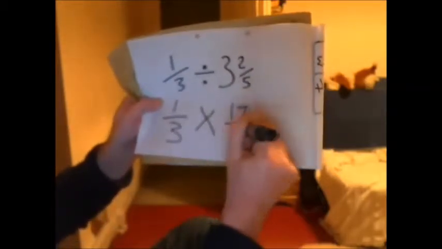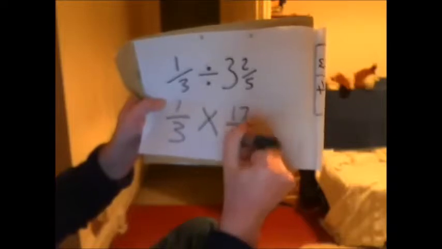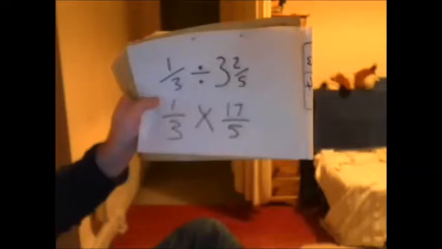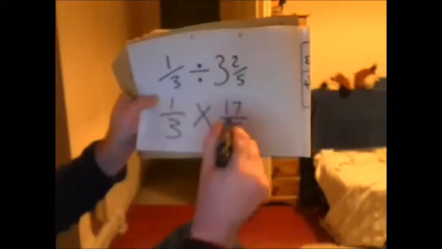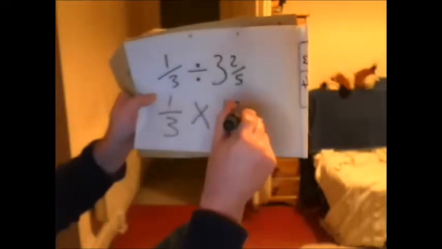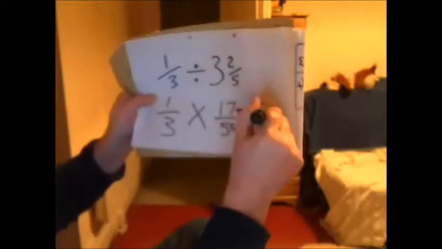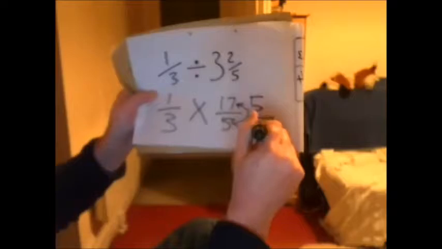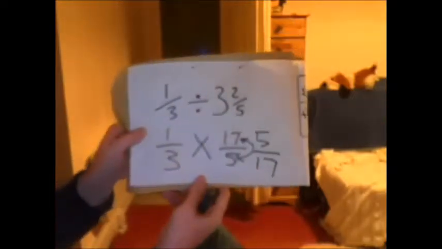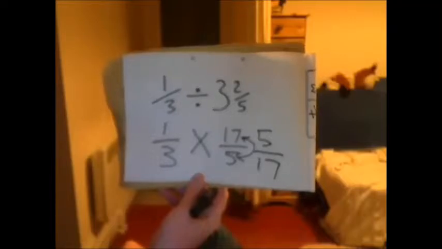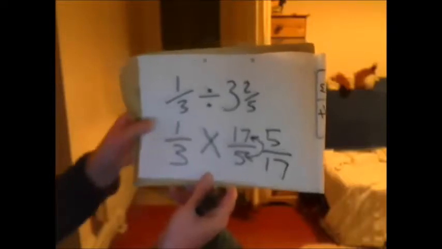There you have it. Now, what is missing? You're right, we haven't flipped them round. So now we're seeing 1/3 times 5 over 17.